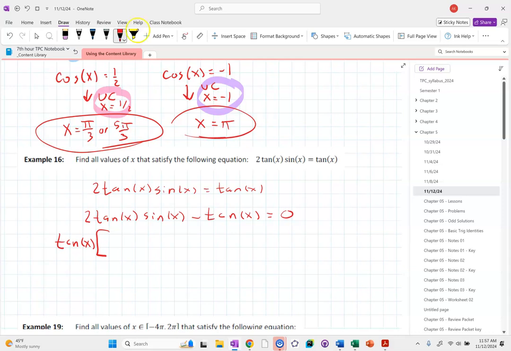When I do that, what does 2 tan x sine x become? It becomes 2 sine x. Remember that when we're factoring, really what we're doing is dividing. And what does tan become then? 1.